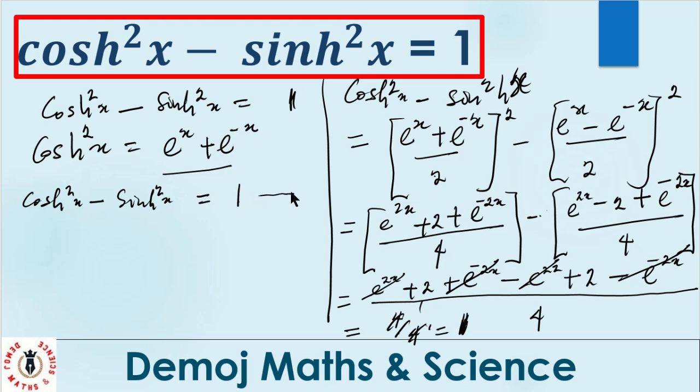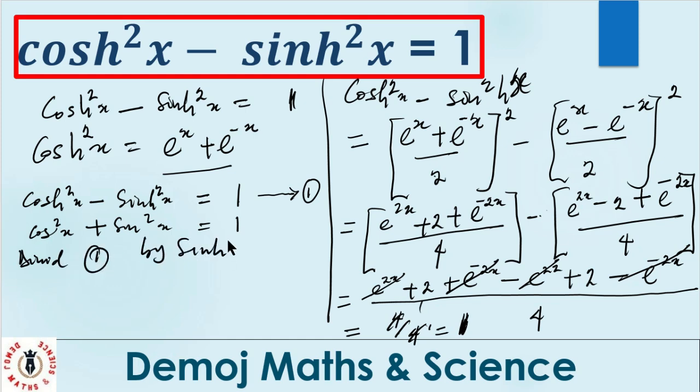Let me call this equation 1. You agree with me that this is quite similar to our cos squared x plus sine squared x, which is equal to 1, in trigonometric identities. I want to divide equation 1 by sinh squared x.